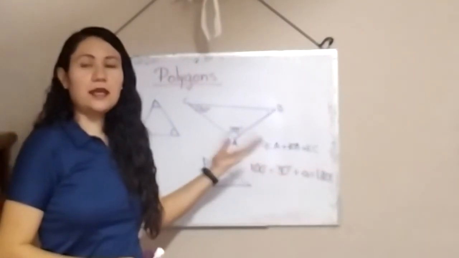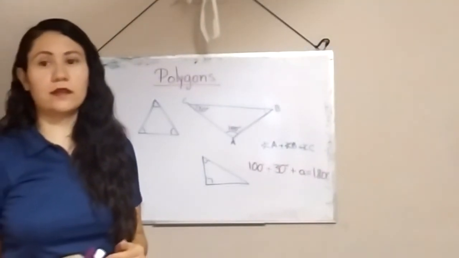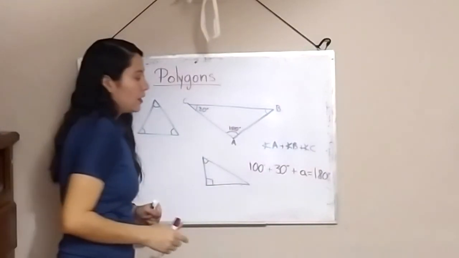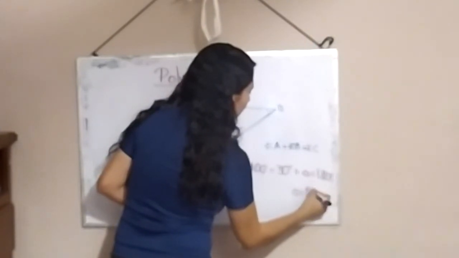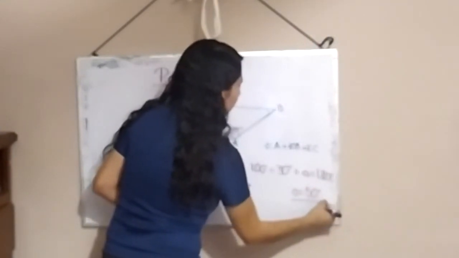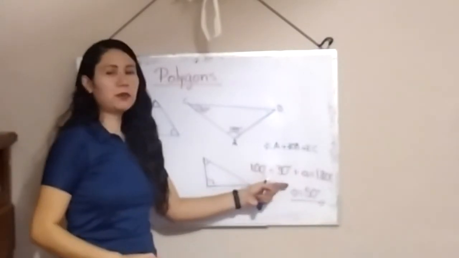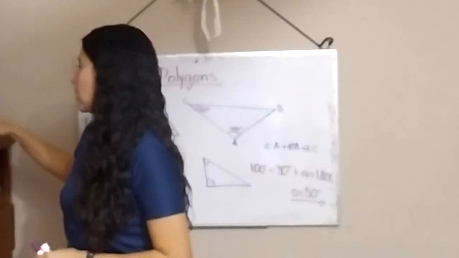We can isolate the unknown to find the measure of the angle, which for this specific case would be 50 degrees. Now if we add 100 plus 30 plus 50, we would get 180.